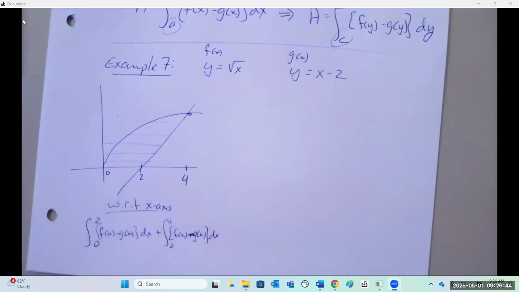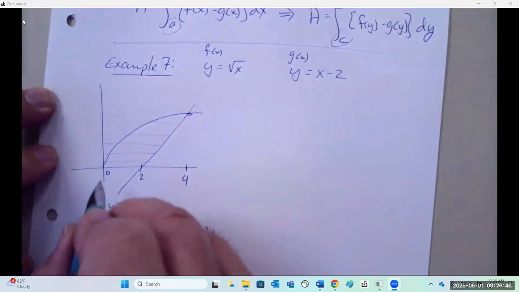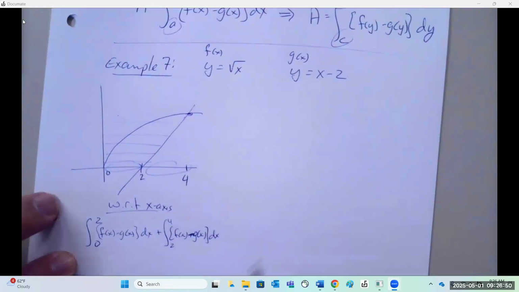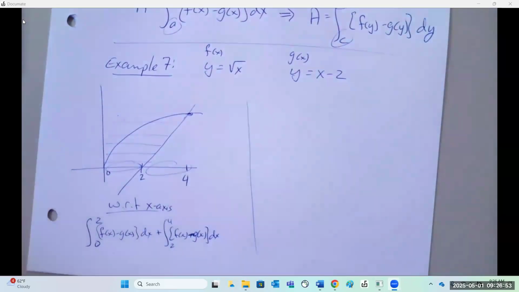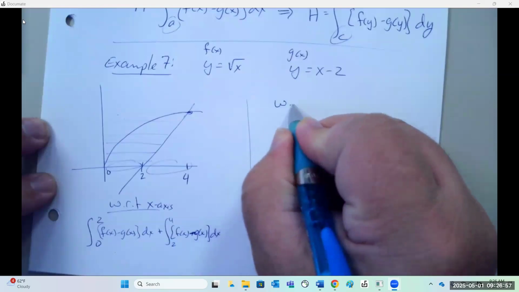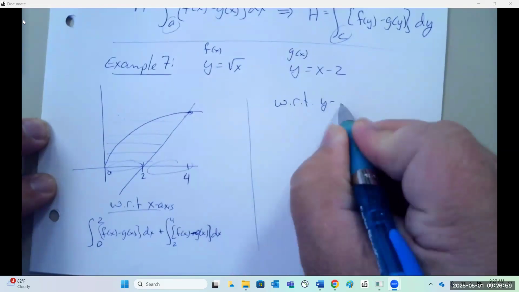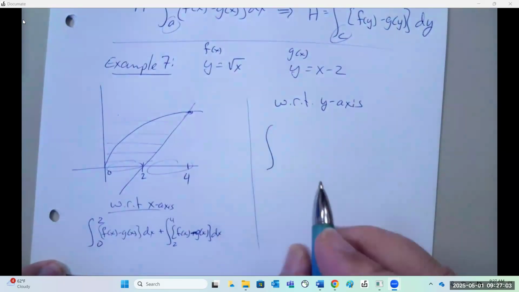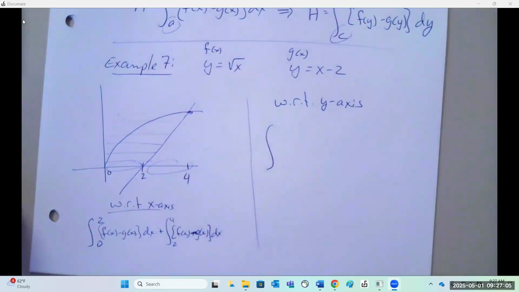That's what we just did. Now, this one went from 0 to 2, then 2 to 4. If we're going with respect to the y-axis, our bounds of integration are where to where?